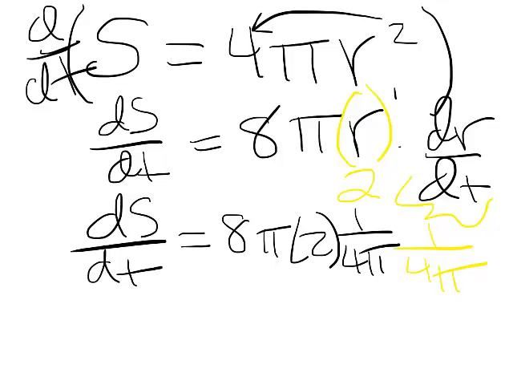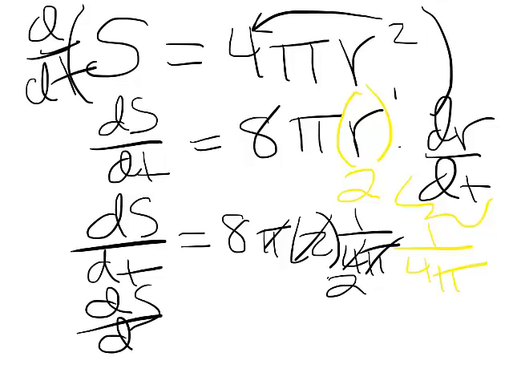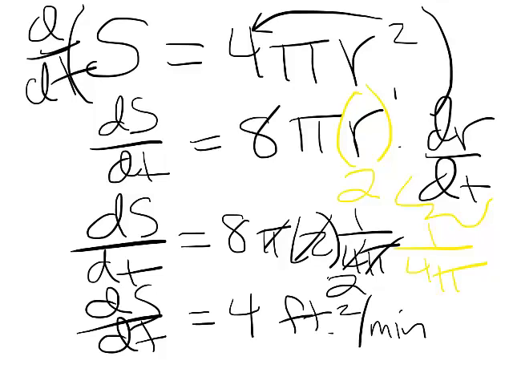That reduces down to 4 because the pi's will cancel, the 2 will cancel with the 4, leaving me with a 2, and then 8 divided by 2 is 4. So the change in surface area with respect to time is 4 feet squared per minute.